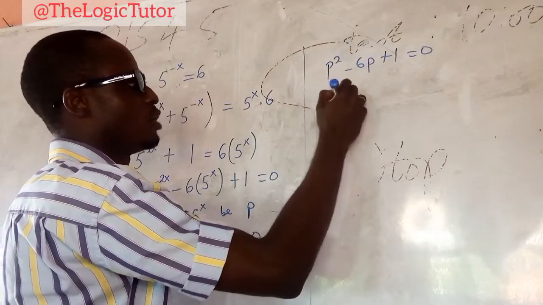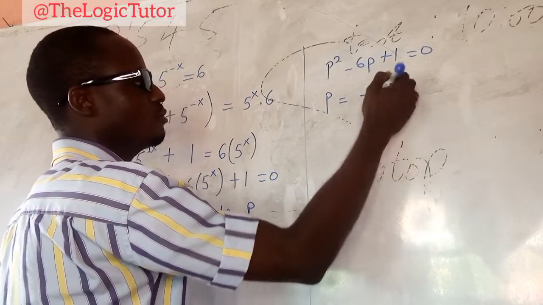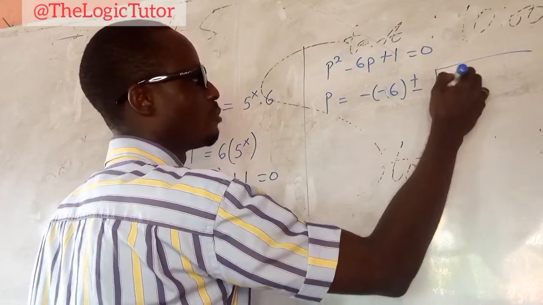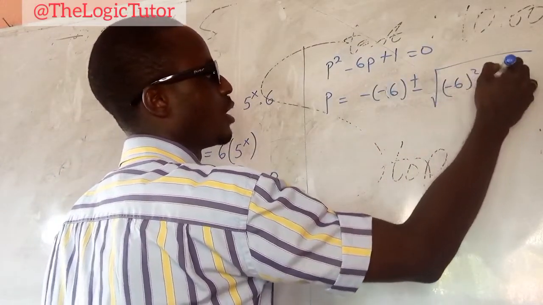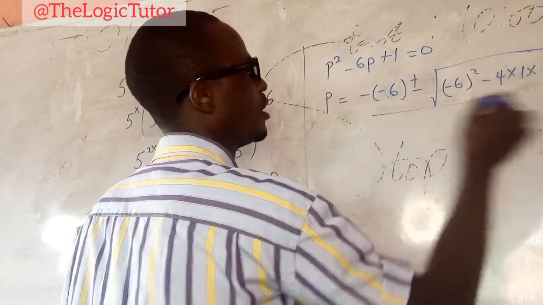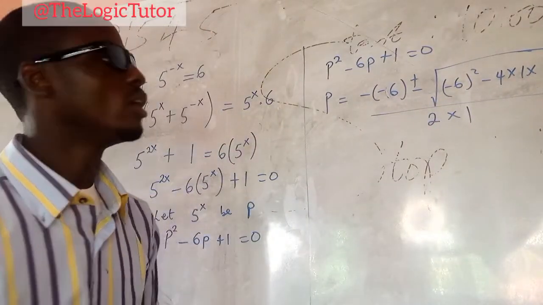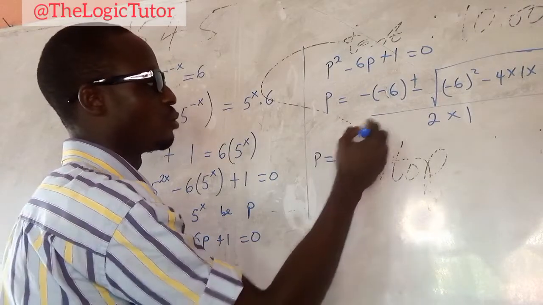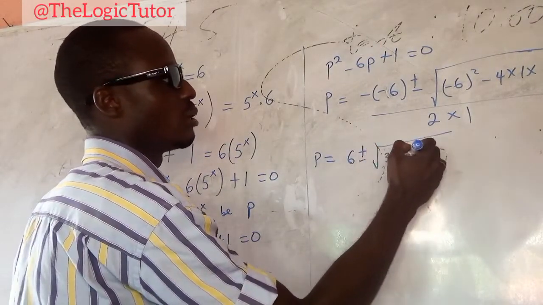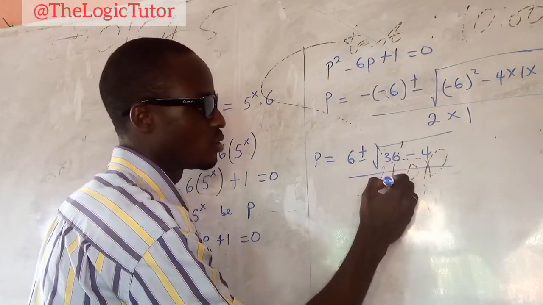Using the quadratic formula, p is going to be equal to minus minus 6 plus or minus square root of minus 6 squared minus 4 times 1 times 1, everything over 2 times 1, just substituted directly. So then what next? I have p equals 6 plus or minus square root of 36 minus 4, all over 2.